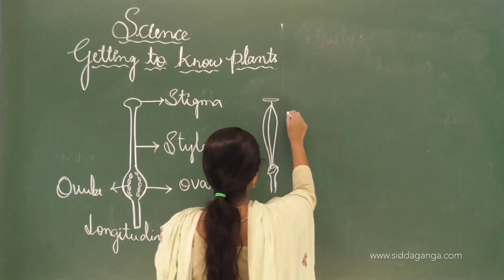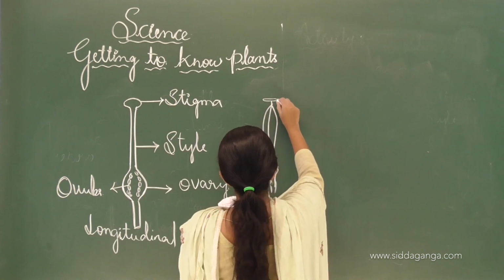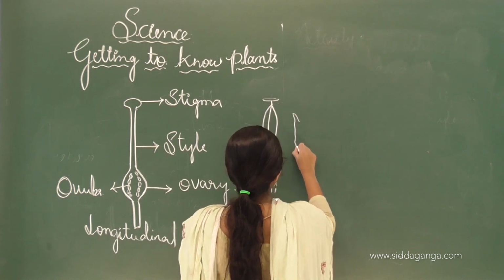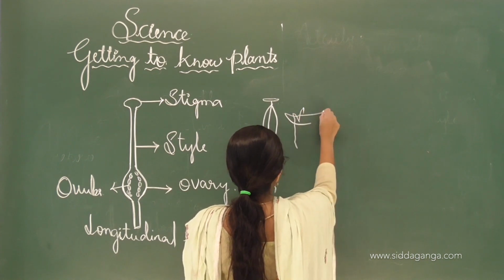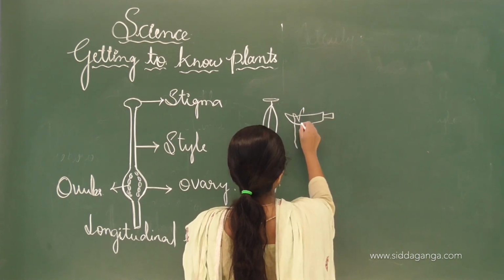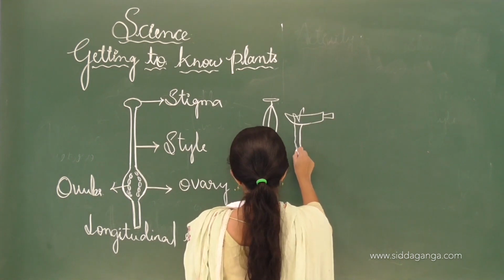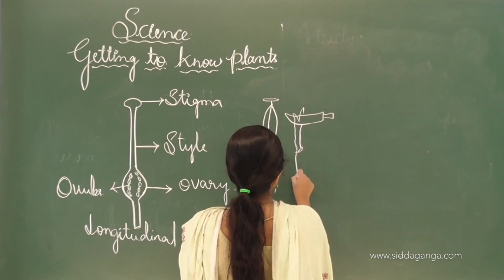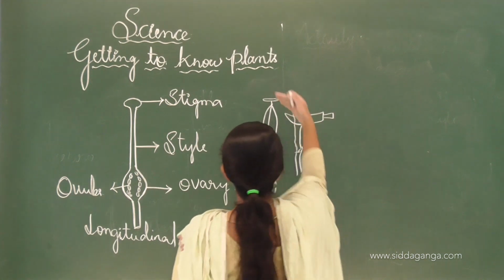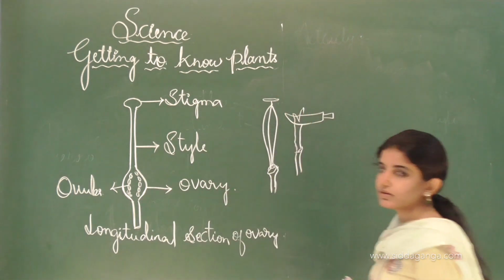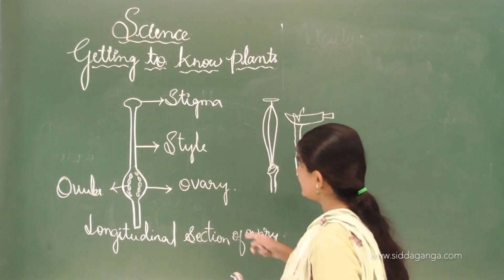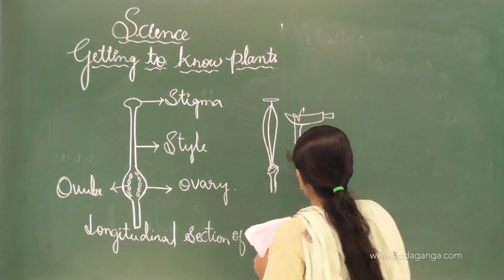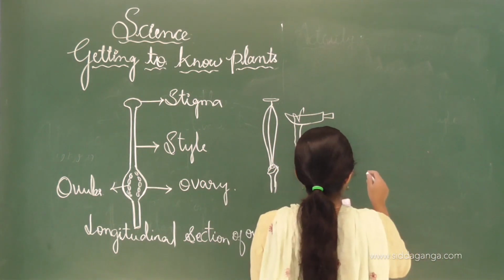If we cut this part into two halves with the help of a knife, the longitudinal portion, if we cut this pistil, we can see the stigma, style as well as the ovary. And next one is the transverse section.